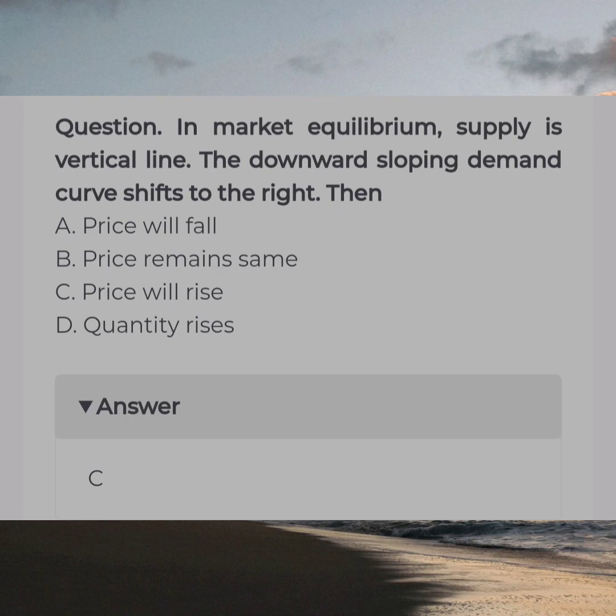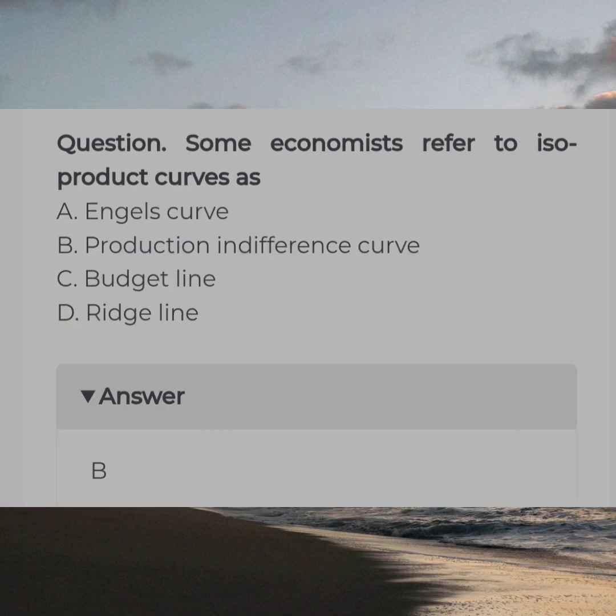In market equilibrium, supply is vertical line. The downward sloping demand curve shift to the right, then answer C, price will rise. Some economics refer to isoproduct curves as answer B, production indifference curve.